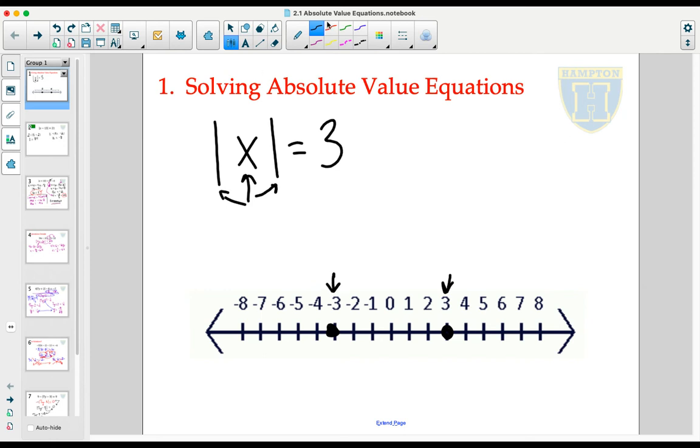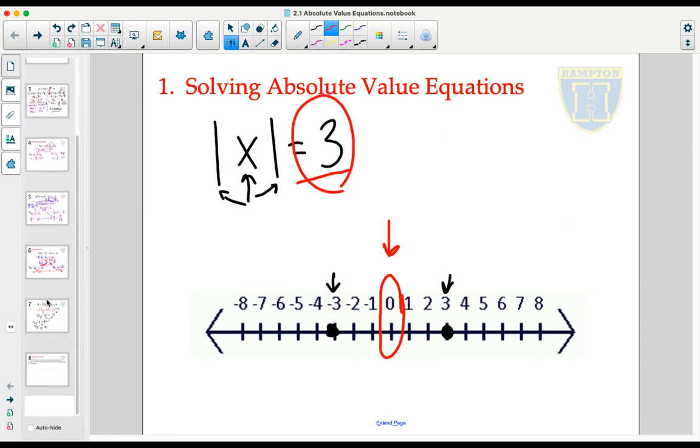You could think of this as being the center. The regular old absolute value operation, grouping symbol, function, whatever you want to call it, is originally centered at 0. And those distances that we found to the left and to the right are based off of this number right here.